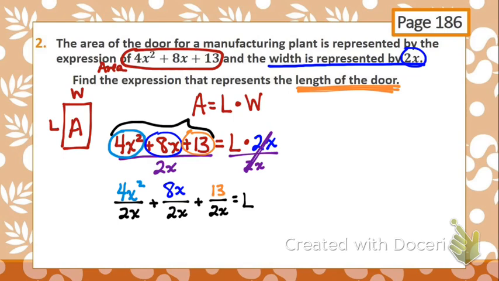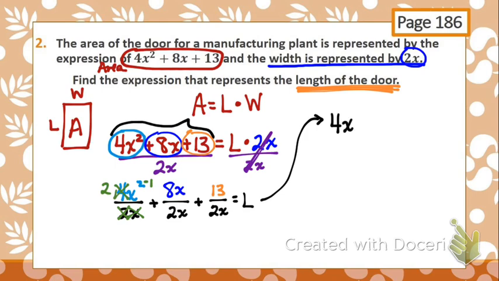Can I reduce 4x squared over 2x? Yes. What can go into both of them? 2x. So this is going to reduce down to a 2, and this will just cancel. Here I subtract the exponent by 1 because that was an x to the first power on the bottom. So this is going to reduce down to just 4x.